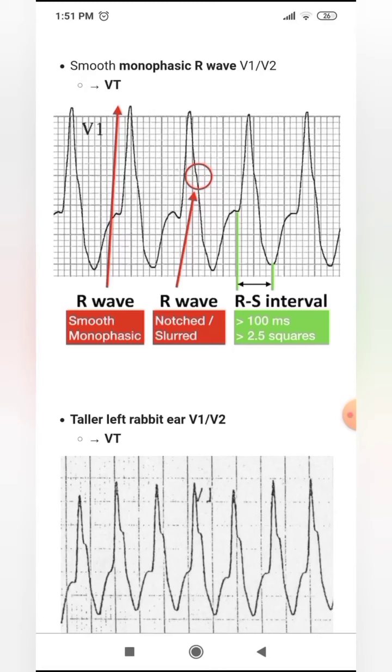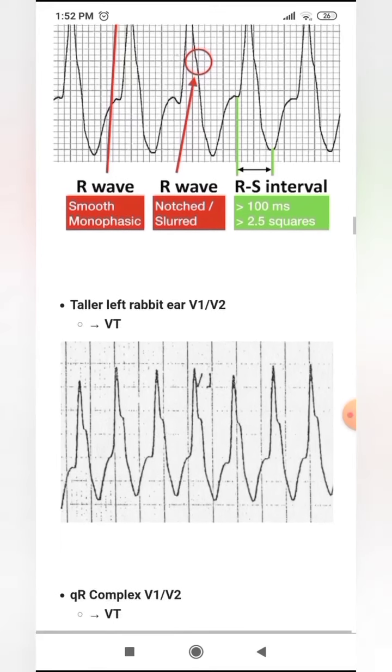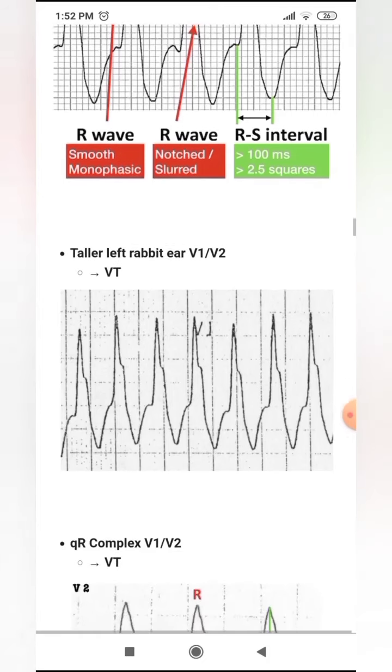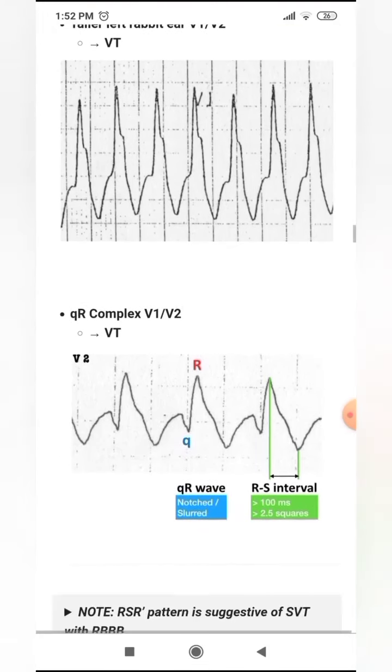For example, if the R wave is smooth or it is not, and the RS interval is more than 100 milliseconds or 2.5 small squares, or just focusing on the lower figure, the left rabbit ear is taller than the right rabbit ear, or if there is a qR pattern, a small q capital R pattern, in which a small q wave precedes the R wave, and the RS interval again is more than 100 milliseconds.